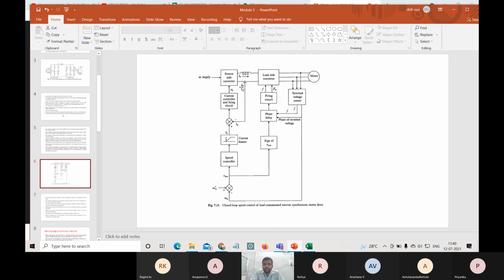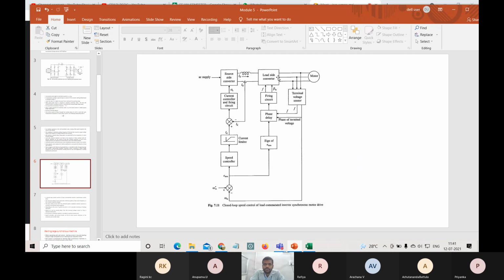And the main blocks that the system has are the source side converter, the load side converter, the current limiter, and the speed controller. The source side converter acts like a rectifier, and the load side converter acts like an inverter.